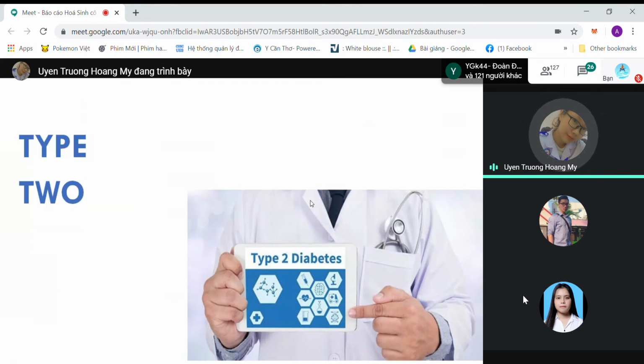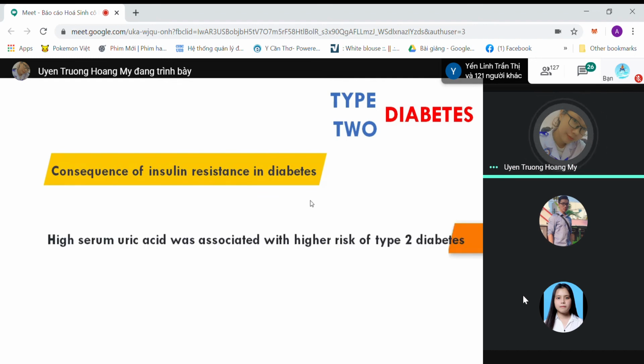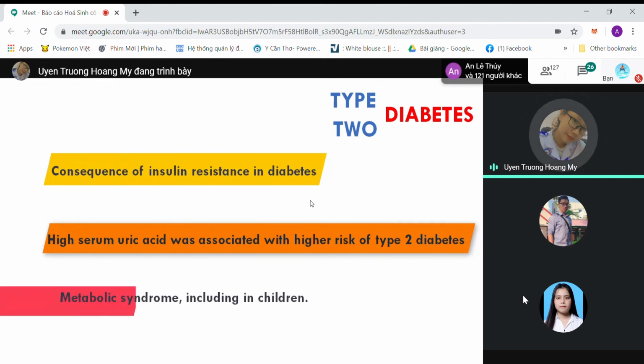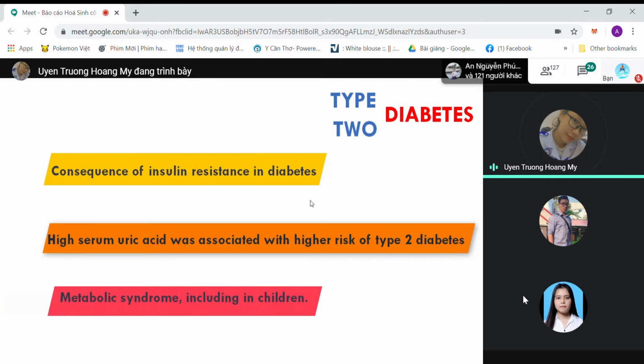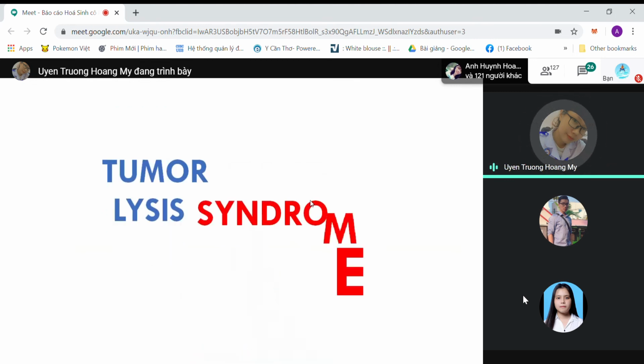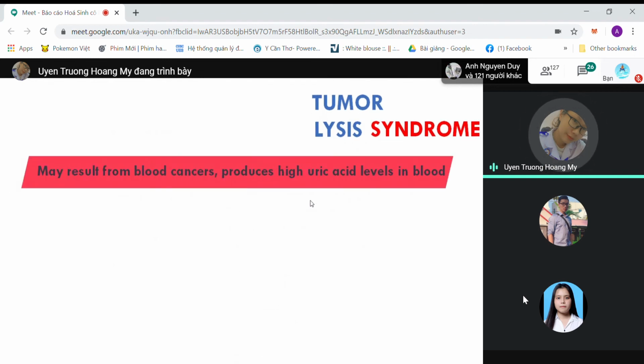And we move to type 2 diabetes. Hyperuricemia may be a consequence of insulin resistance in diabetes. High serum uric acid was associated with higher risk of type 2 diabetes and metabolic syndrome, including in children. 3 is tumor lysis syndrome, an emergency condition that may result from blood cancers, producing high uric acid levels in blood.